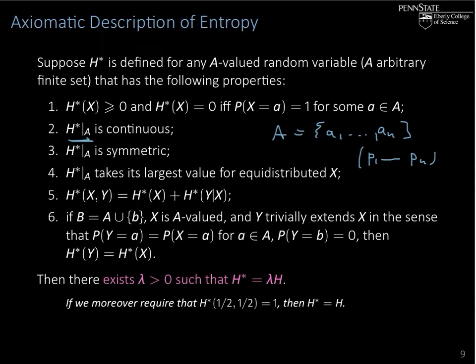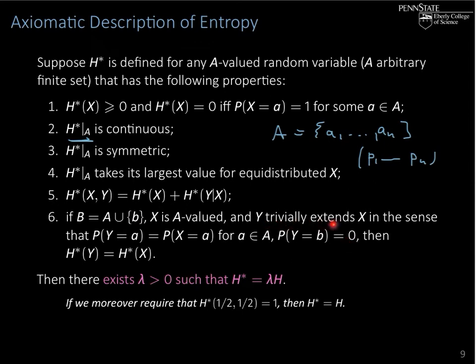We require that we extend the alphabet by one element, and we have an a-valued random variable x, and y trivially extends this random variable in the following sense: for a, it just takes over the probabilities from x, and sets the probability that we see this additional element to 0, right?